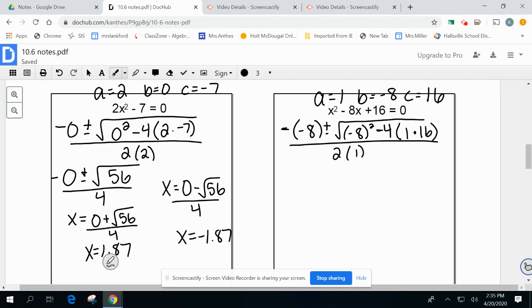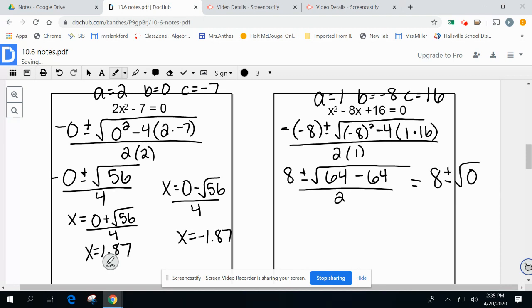So -8 would actually be a +8, plus or minus, and then -8 squared is +64, and then I need to take -4 times 1 times 16, and I'm going to get -64 over 2. So if I simplify that again, I end up with 8 plus or minus the square root of 0 over 2.